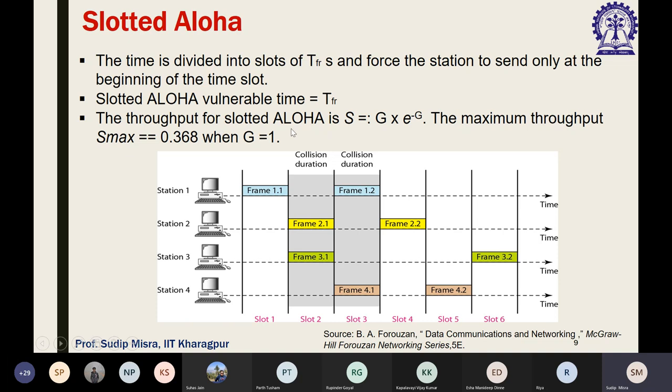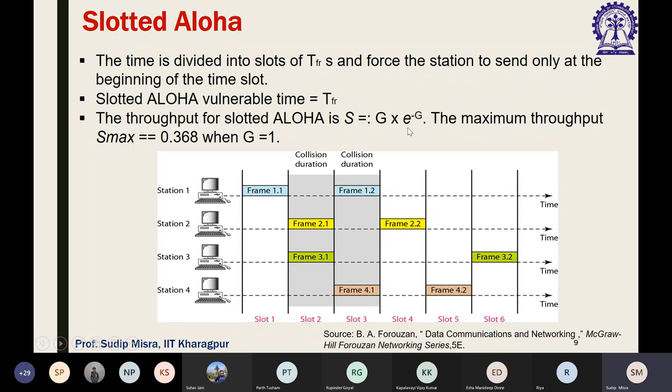The throughput of slotted Aloha can be calculated with a particular formula, the derivation of which is not in your syllabus. It goes through certain mathematical calculations, but it is sufficient to know that the throughput of slotted Aloha is G into e to the power minus G.